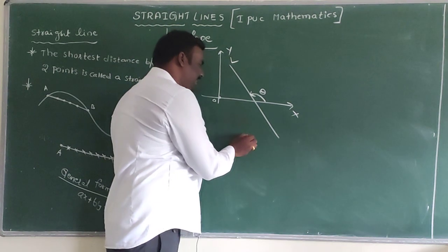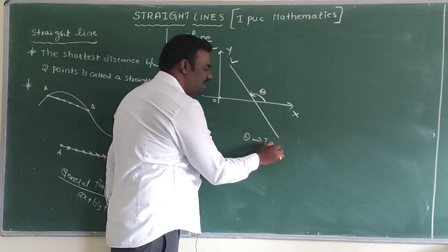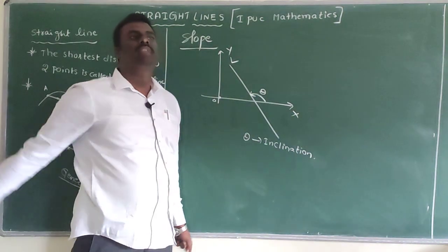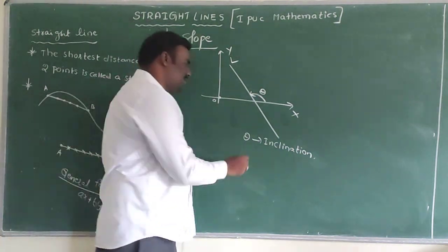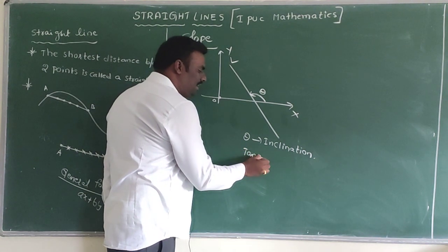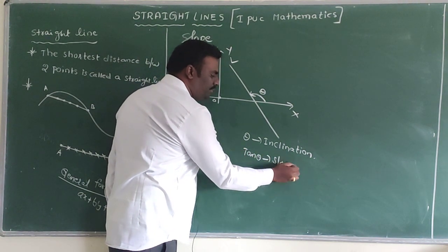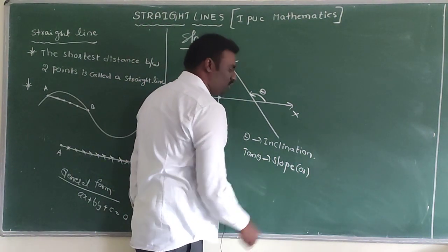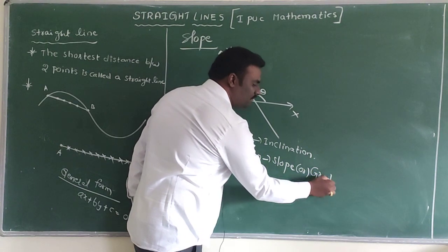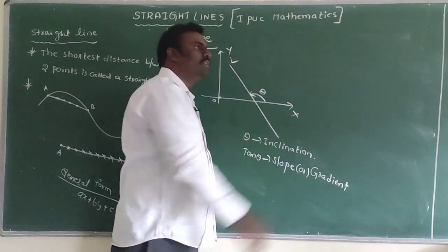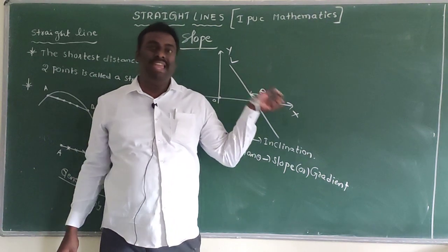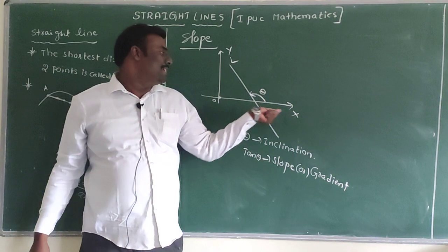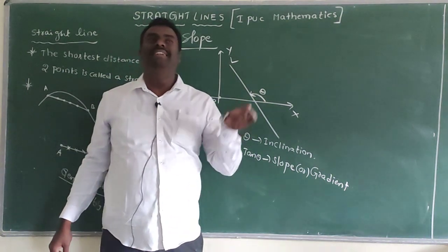Now that theta is called inclination. If theta is called inclination, then tan theta is called slope. One more name for this slope is gradient. Once again, listen: a line makes an angle theta with the positive x axis measured in anti-clockwise direction.